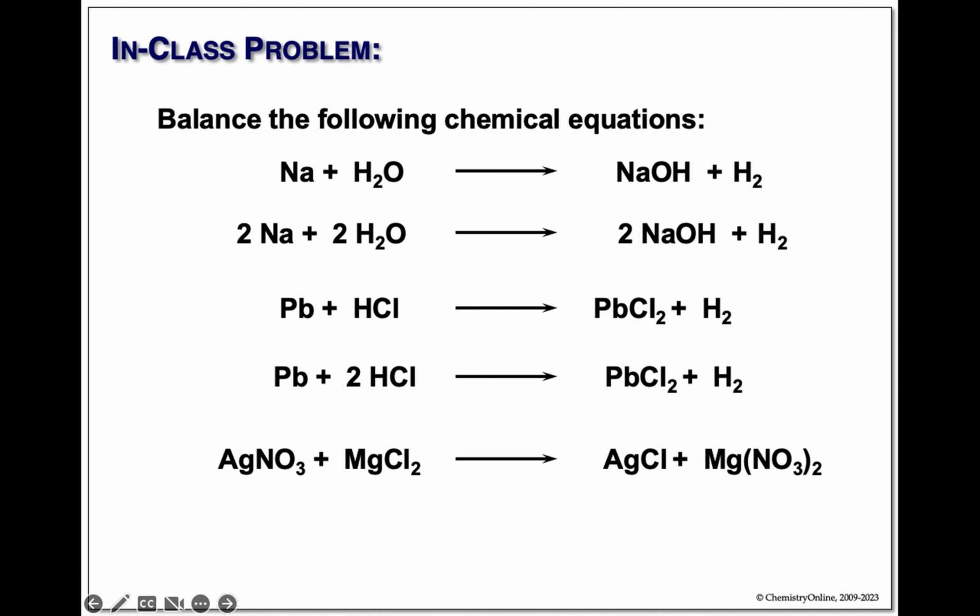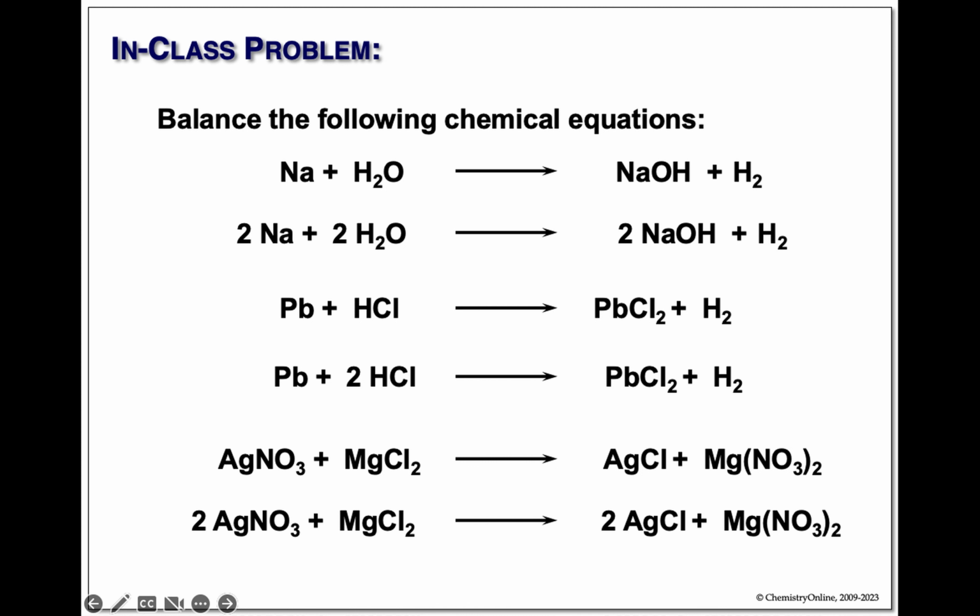We're going to have to fix the nitrate problem, aren't we? Now, that gives us 2 silvers, only 1 on this side. Hmm? Yeah. So 2 silvers, 2 silvers, 2 nitrates, 2 nitrates, 1 magnesium, 2 chlorines. Yep. Any questions?